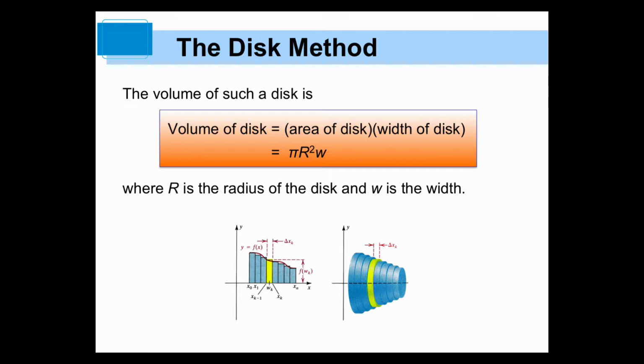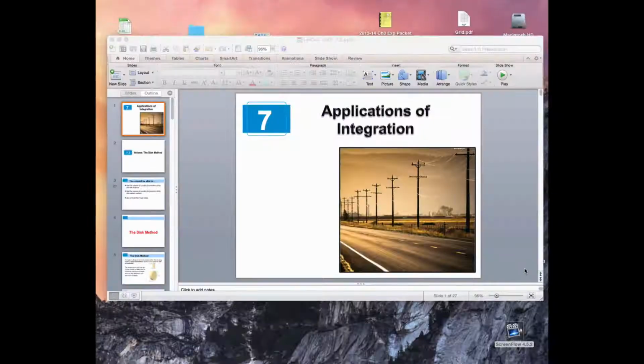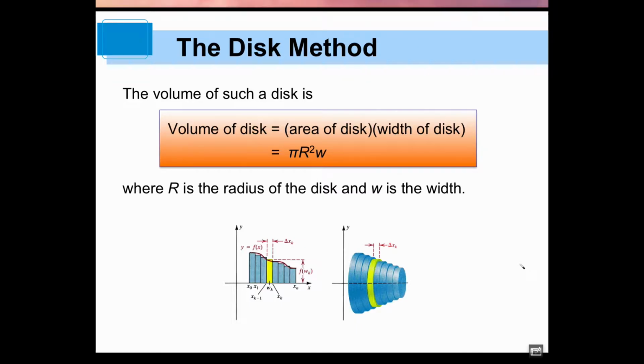We're going to take that idea and calculate the volume of solids. So if you can see in this picture, I've got a function that looks something like that. I want to find the volume that I generate when I take that function and I spin it around the x-axis.